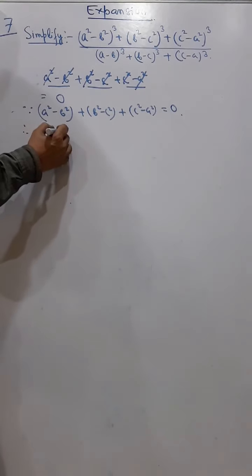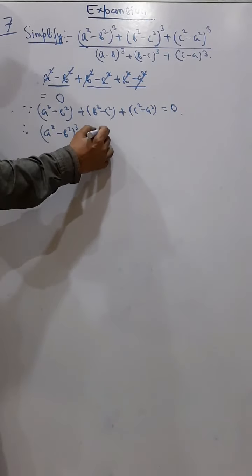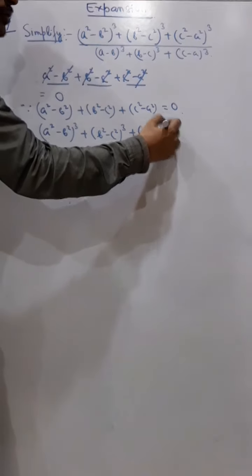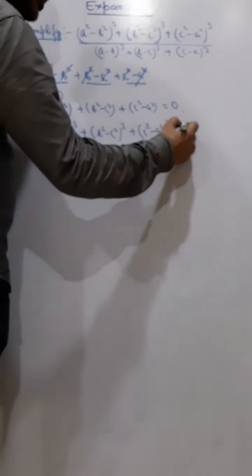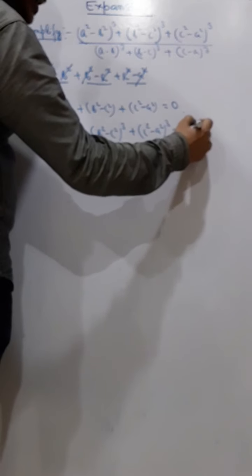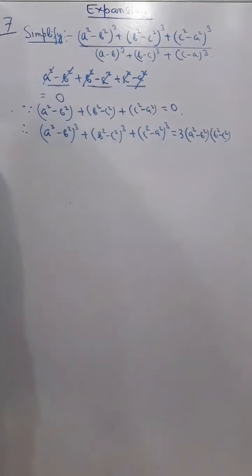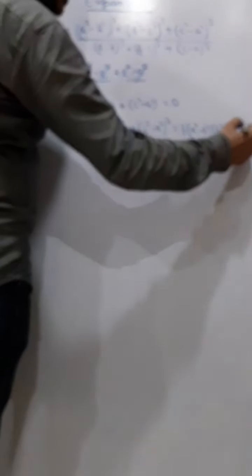Therefore a square minus b square whole cube plus b square minus c square whole cube plus c square minus a square whole cube will be equal to 3 into a, a means this, into b, b means this, b square minus c square, and c means this, c square minus a square. Okay, so let it be number 1.